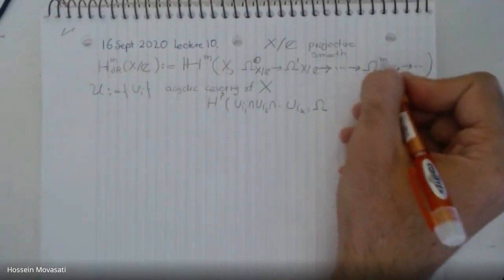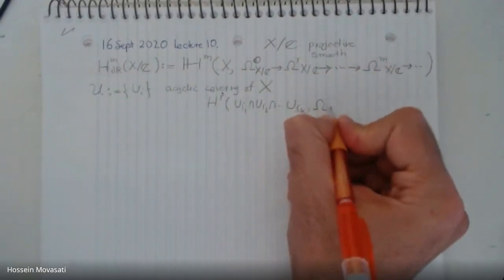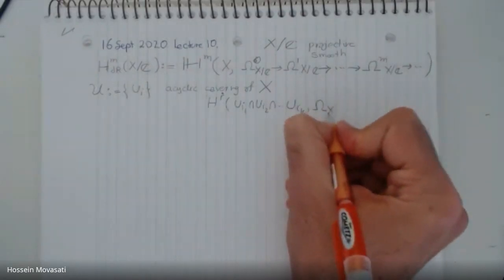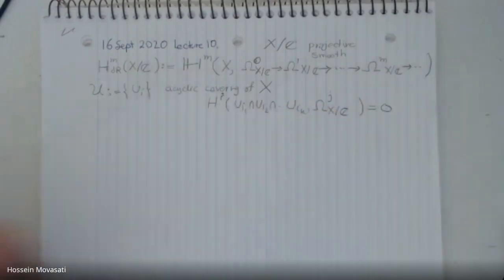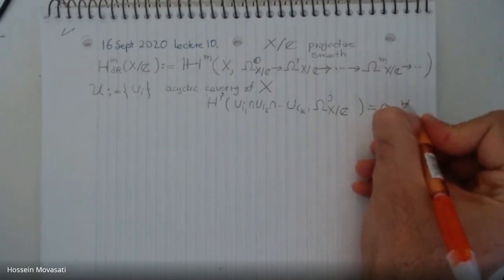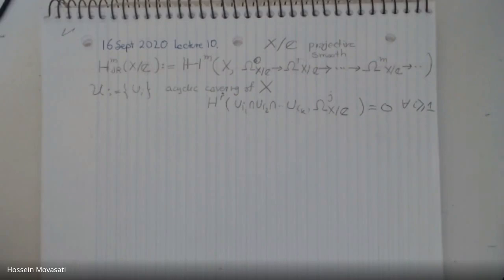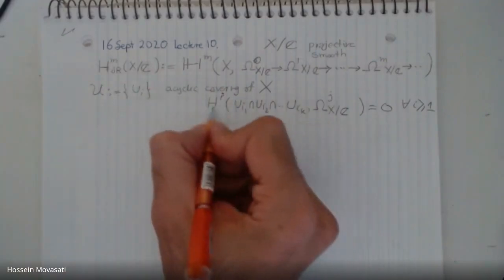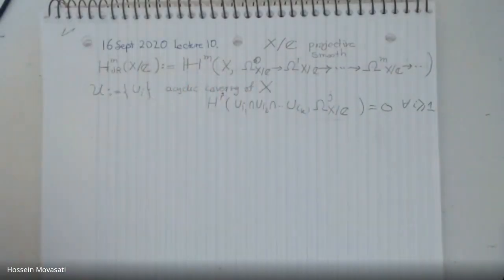You can take arbitrary sheaves of abelian groups, but let's focus on our main example, H^j(X, C) equal to 0, for all j bigger than or equal to 1. When this happens, we can use just this covering for the definition of hypercohomology.